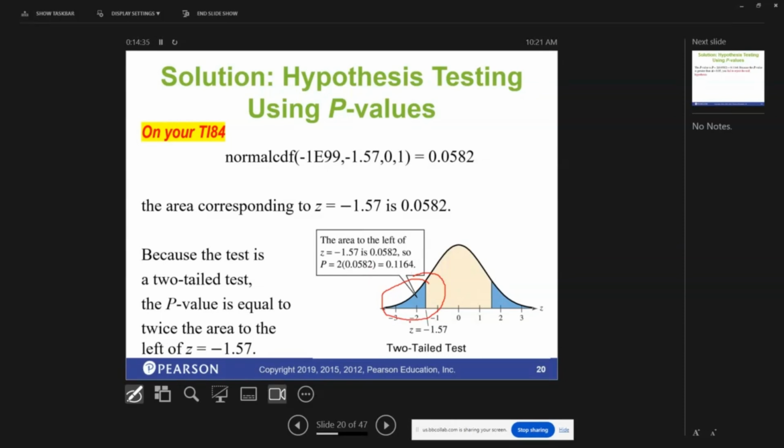Since it's to the left, there's no bound on the left, but my upper bound is the negative 1.57. So put that in your calculator, you end up with 0.0582. And so I multiply that by 2 to get a p-value of 0.1164.